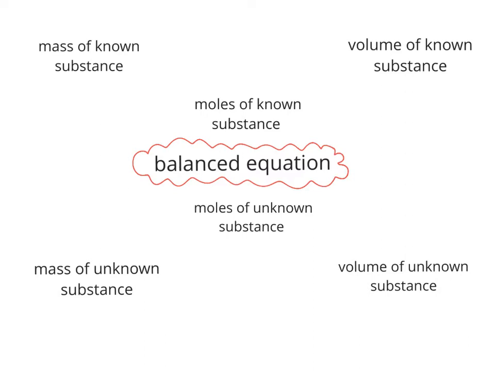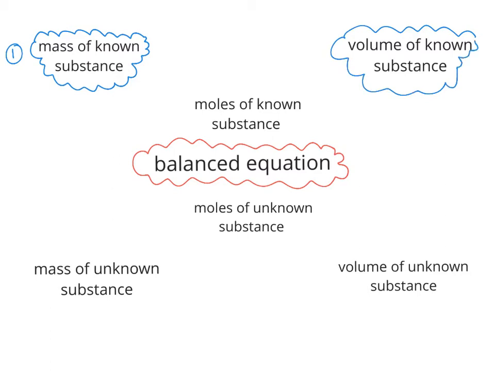So the first step is to find the information in the question. You should be given either the mass of something, so we're going to call that the known substance because you know the mass of it. For example, it could say 17 grams of nitrogen, or it could give you the volume of a known substance, so it could say 10 decimeter cubed of hydrogen.